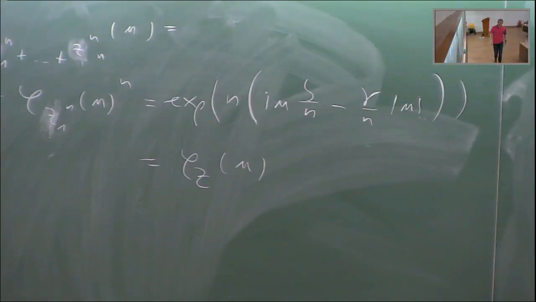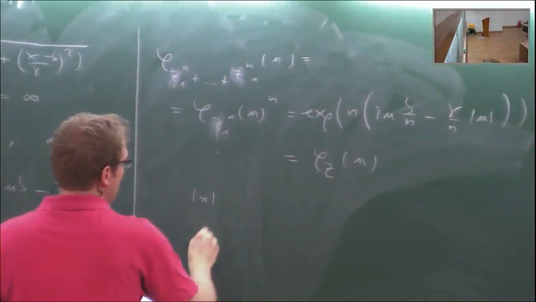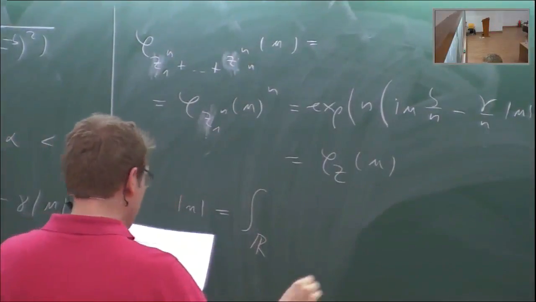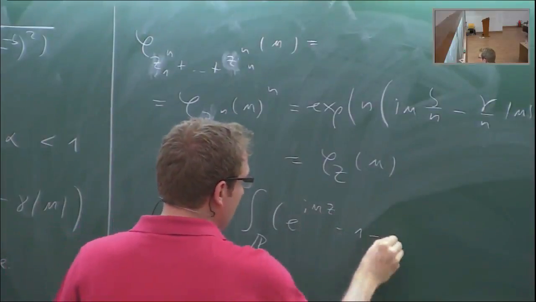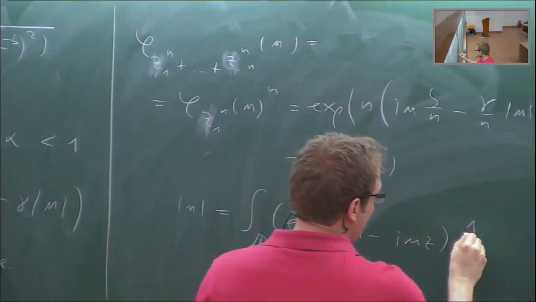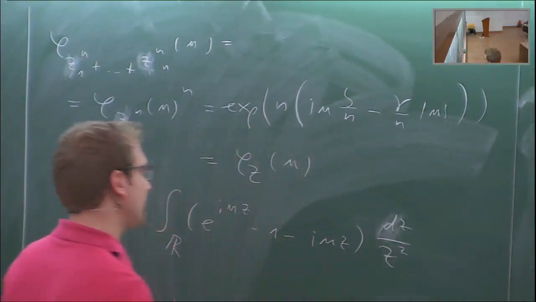And I will not show this at this point, but a little bit later, we'll have a look at it. So what you can show is the following, that this is nothing but e to the i u zeta minus 1 minus i u zeta, and here d zeta divided by zeta squared.